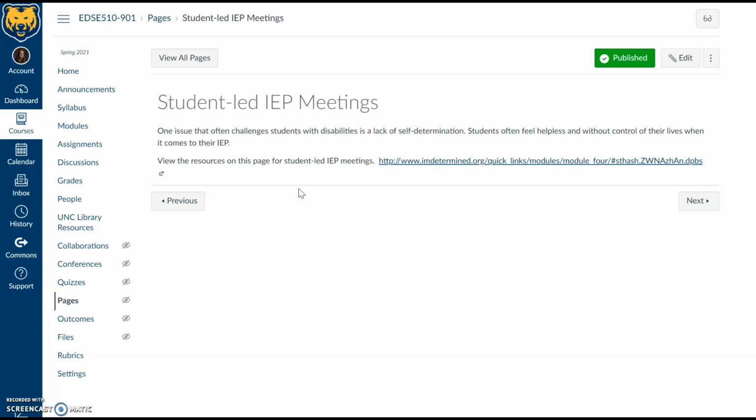What that might look like is a student hitting on one section. One that I've seen very successful for students to engage in or even walk through verbally is the accommodation section, because it really is pretty tangible. It's pretty applied, and students can say, this is what I use, this is what works for me, this is when or why, this is what I need. It's a good place to start.